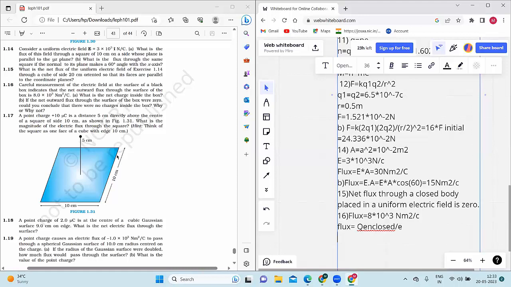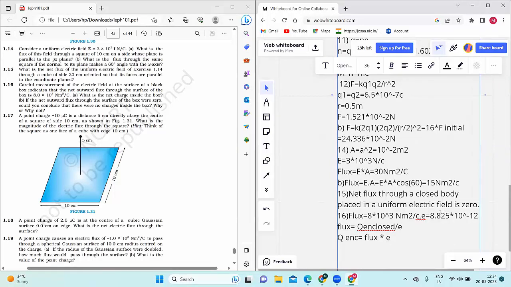So Q enclosed will be flux into epsilon naught. The value of epsilon naught is 8.825 into 10 power minus 12.